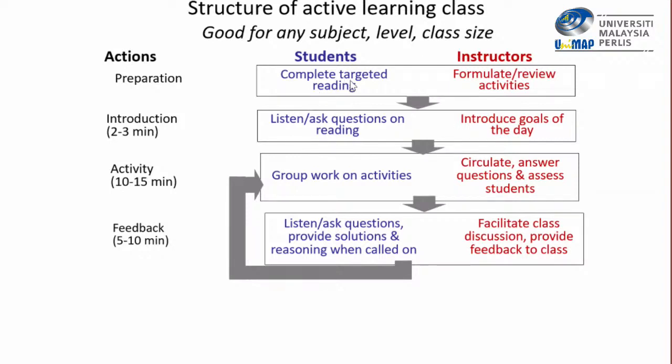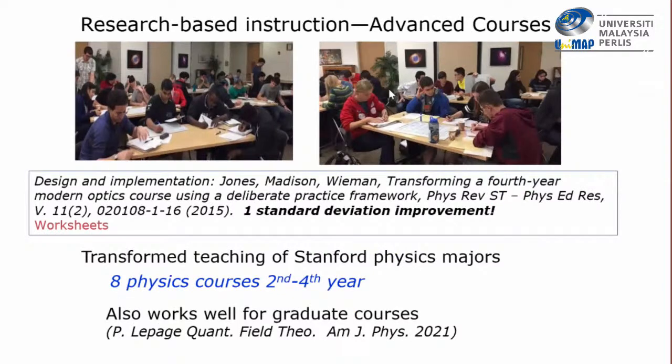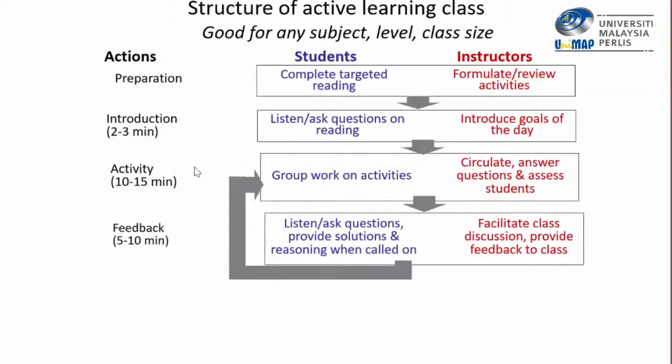The students have to do a little bit of preparation before class, and then during class, they'll be working through activities. In these more advanced physics classes, they're worksheets with complicated problems, but the students will be working in small groups while the instructors are monitoring how they're doing.